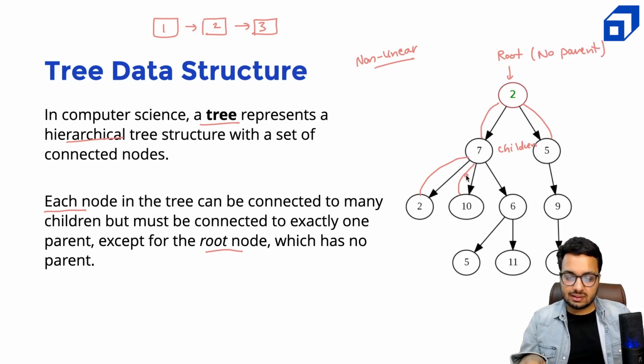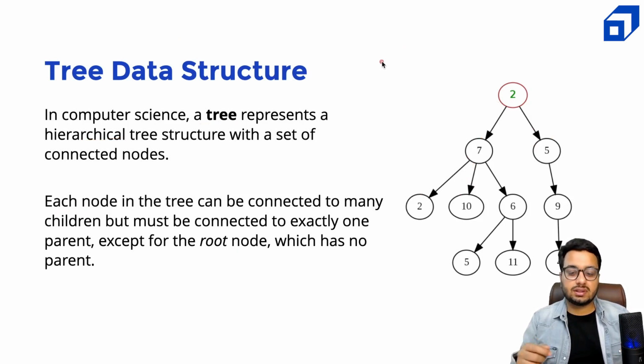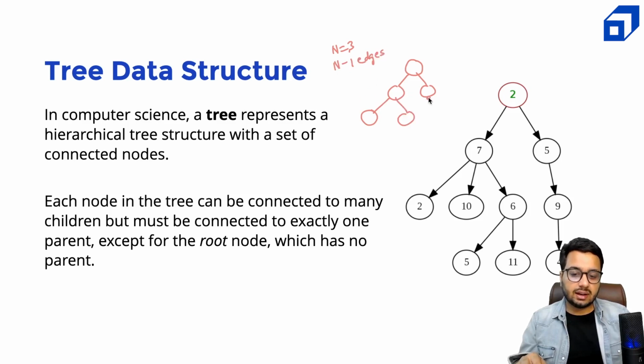Now because of this property, there will be an interesting observation. Suppose you are creating a tree in which you are going to have n nodes. For example, I have 3 nodes here. So how many edges you will have? Except for the root node, for every node that you add, there will be an edge. So there will be, of course, n minus 1 edges in the tree, right? So in any tree that you are going to create, irrespective of whether it is a binary tree or not, each node that you add will add an edge in the tree except the root node.